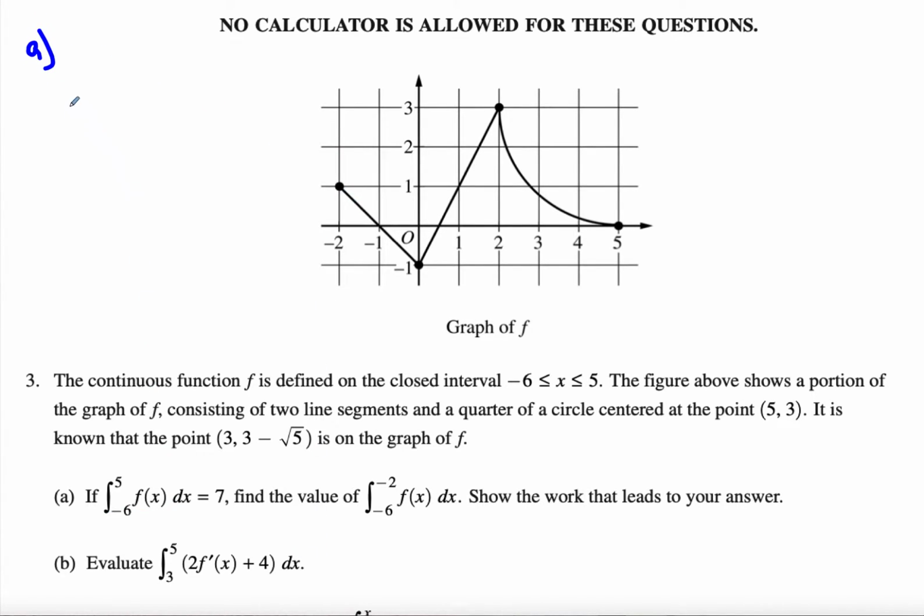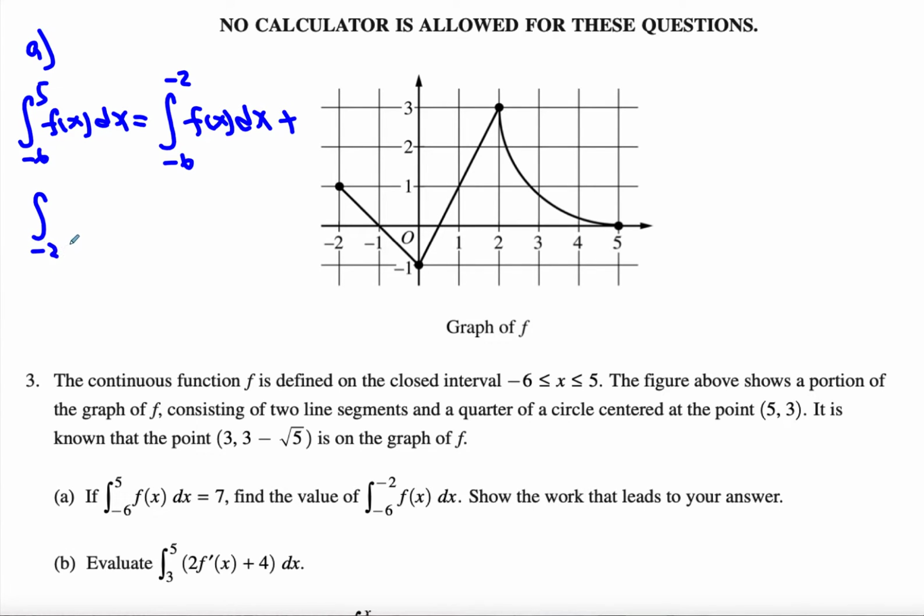One thing which we realize is the integral from -6 to 5 of f of x dx is in fact equal to the integral from -6 to -2 of f of x dx plus the integral from -2 to 5 of f of x dx.